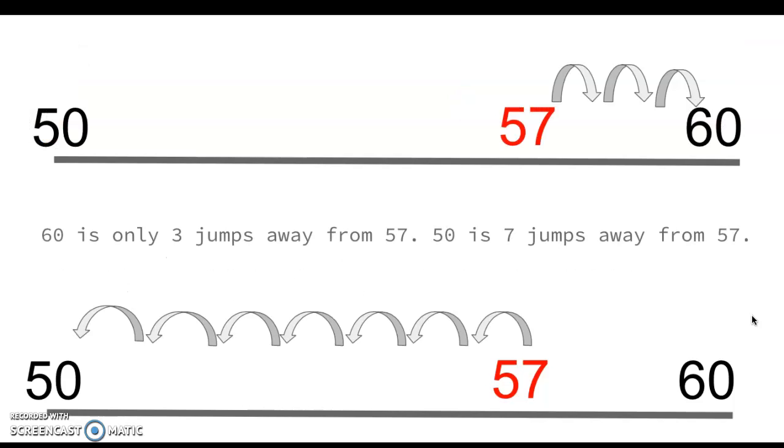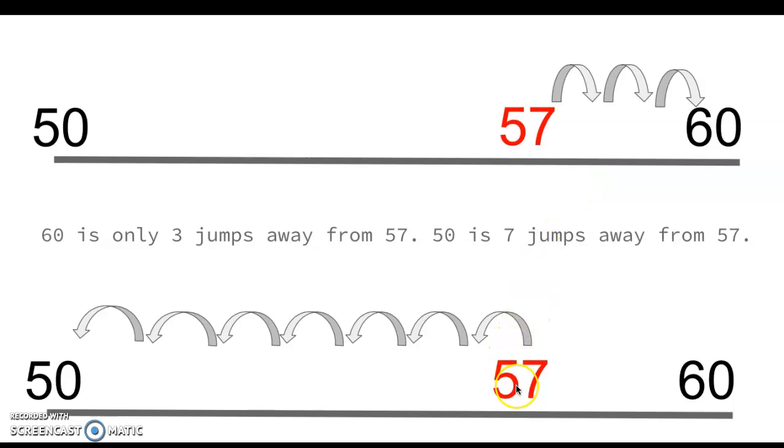Most of you should have figured out that 60 is only 3 away from 57. 50 is 7 away from 57. So 57 is actually closer to 60. If you look at my jumps up here, I made 1, 2, 3 jumps to 60, from 57 to 60.